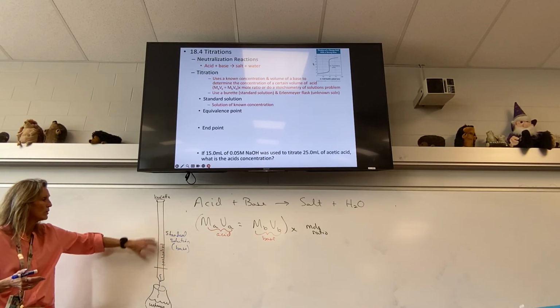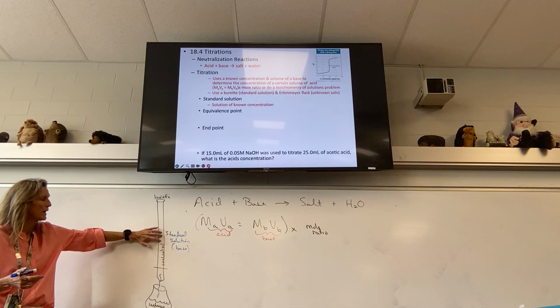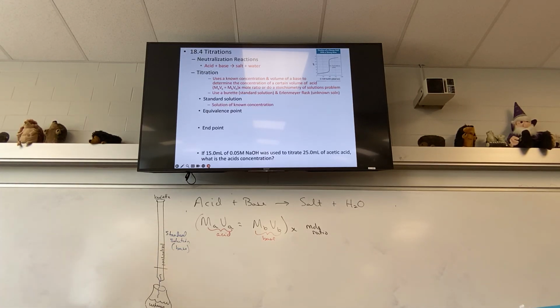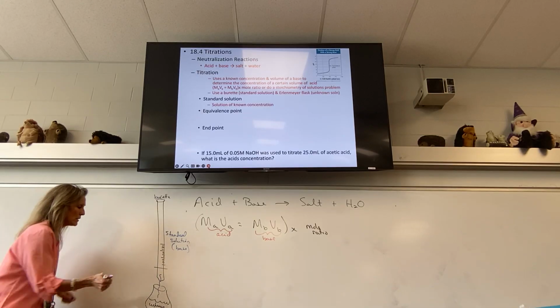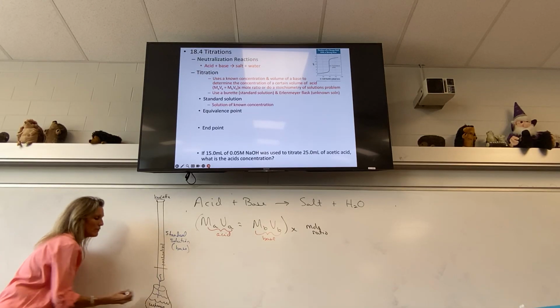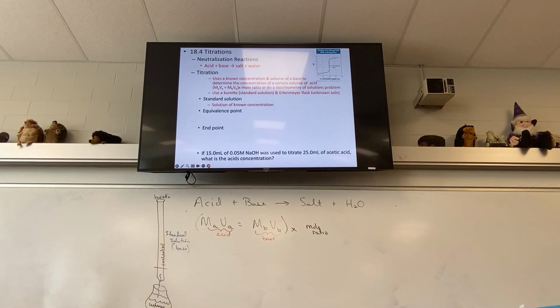Okay, so whatever we know the concentration of, that goes in here. That's called our standard solution. And we keep adding this solution to the flask until we hit what is called the equivalence point. And so the equivalence point represents equal moles of the solution.